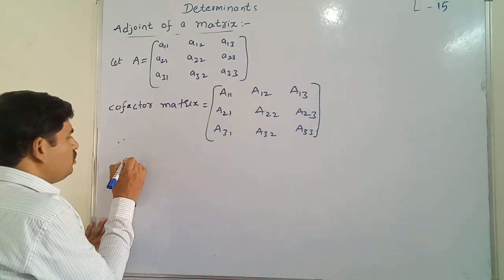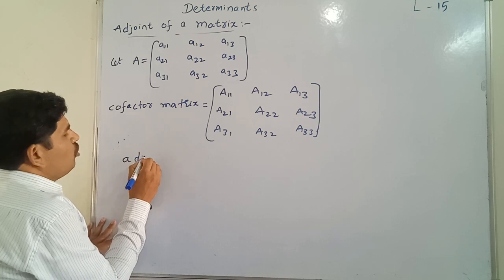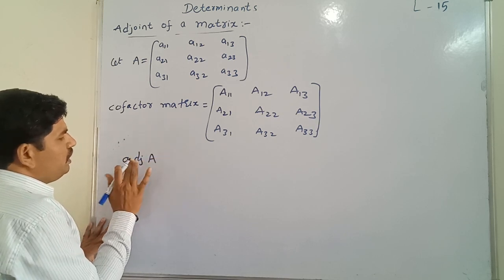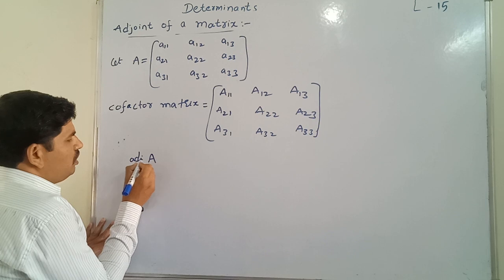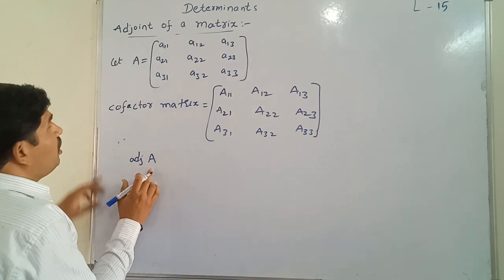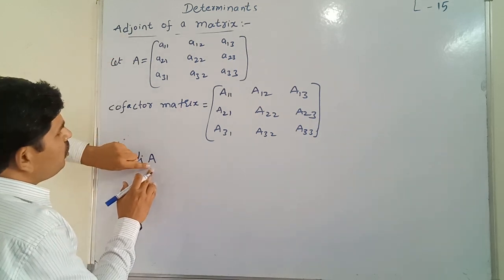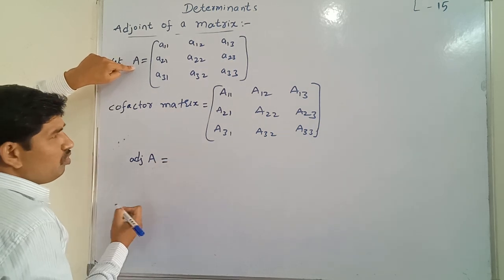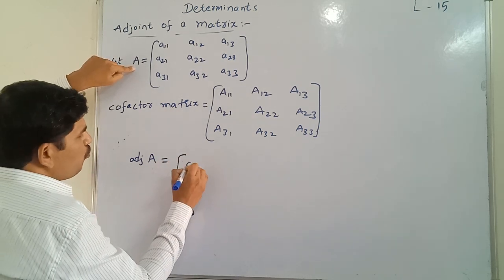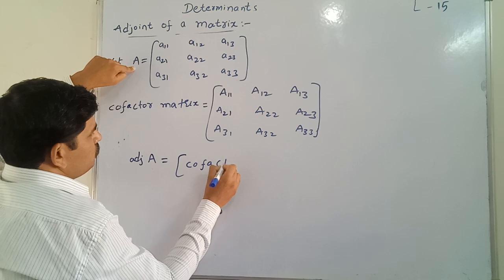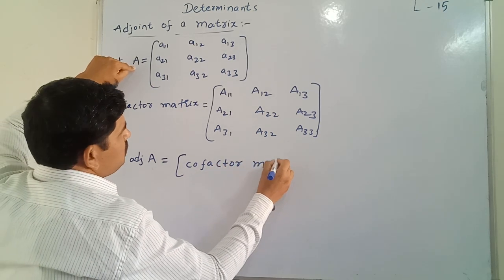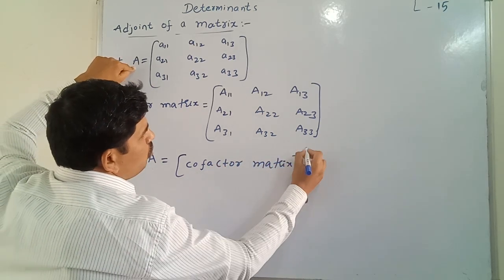Now we can write the adjoint matrix. We denote the adjoint of A like this: adj A. The adjoint of a matrix A is equal to the cofactor matrix whole transpose.